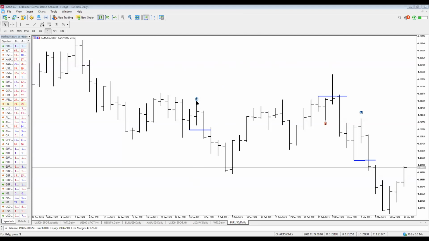This blue arrow here is a higher high and a higher low. This bar did not make a higher high and a higher low, so this was the first one in the sequence. That sets us up for a sell if we break through the 2-bar low, which we did here. This is the lowest low for the last 2 bars right here. So that's the sell trigger.